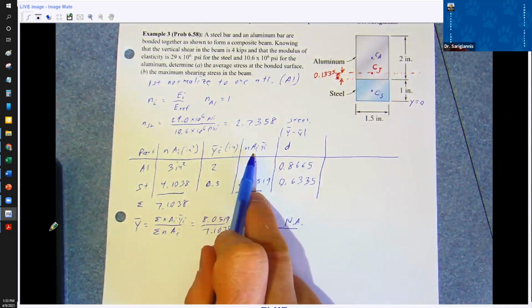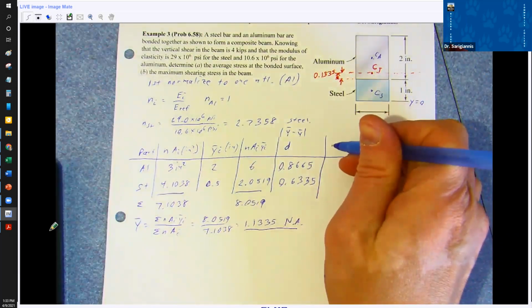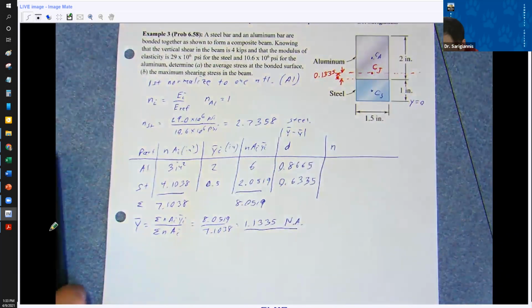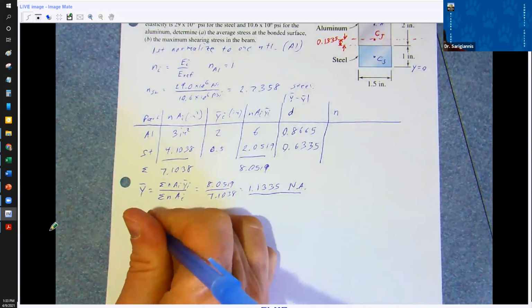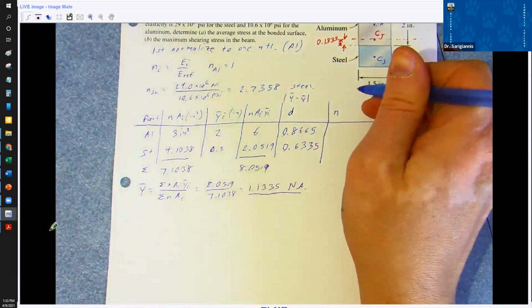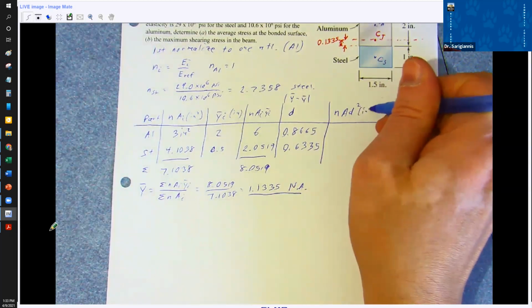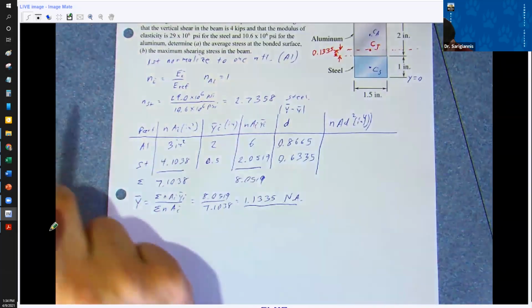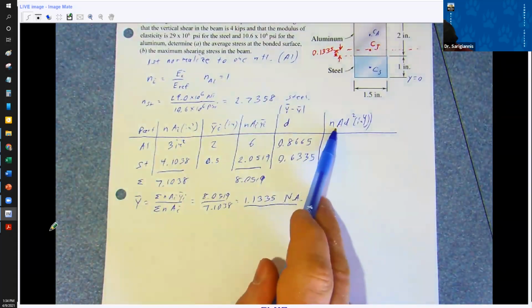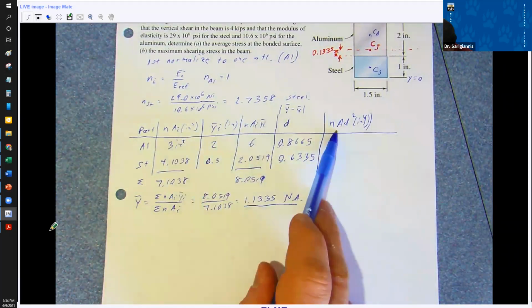To get the correction of the moment, I guess, I better do the math down here. N A D squared. Well, this one's fairly straightforward. We're just multiplying the area times the N times D squared.